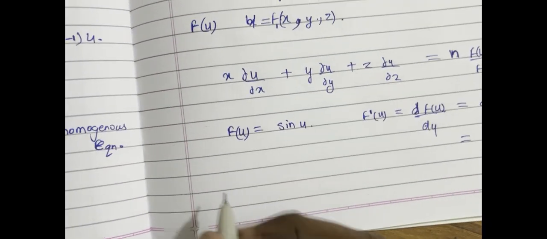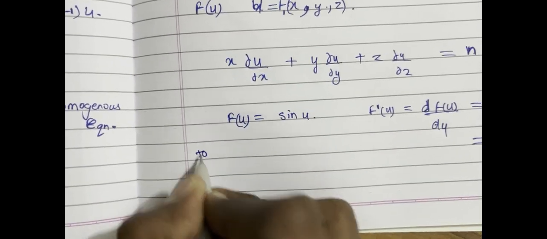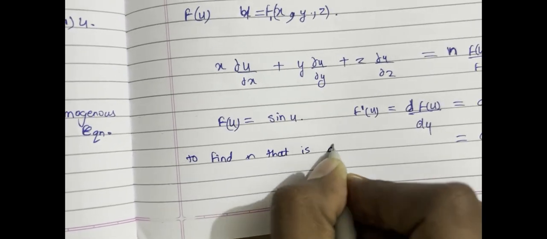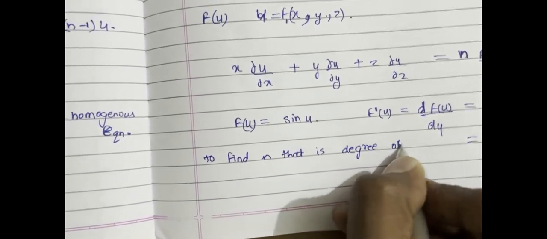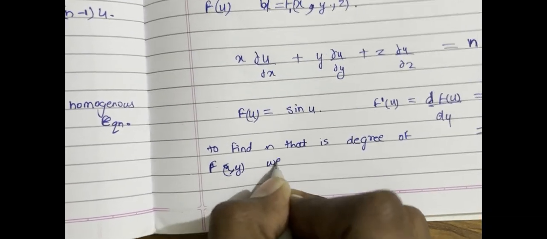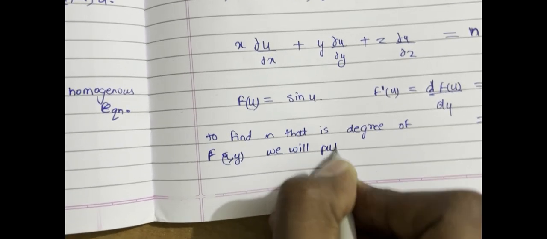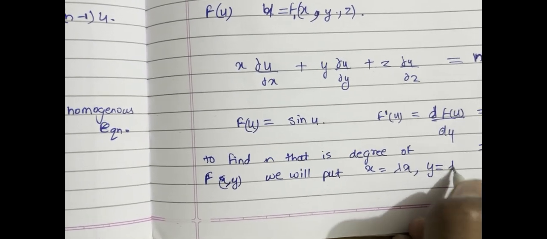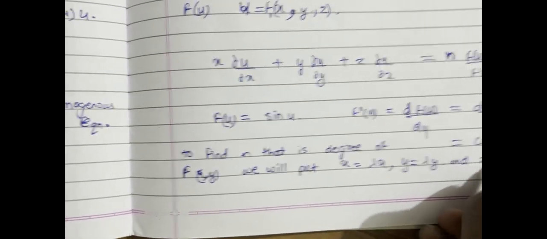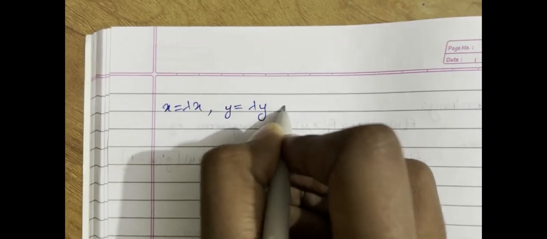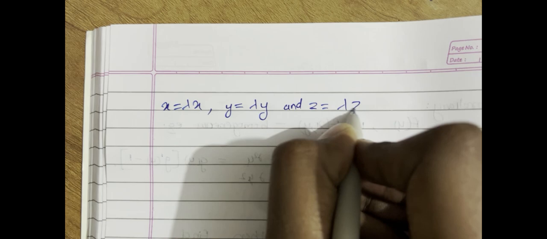Now to find n, that is the degree of f of x, y, z, we will put x equals lambda x, y equals lambda y and z equals lambda z.